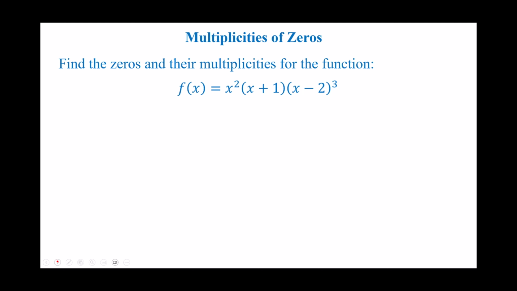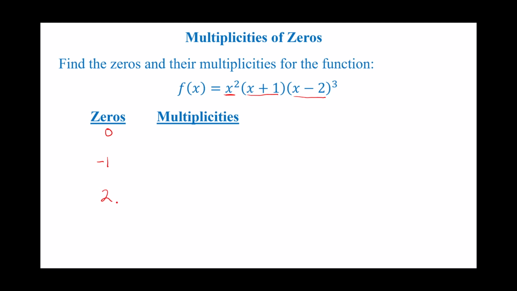So here we have a factored polynomial, f of x equals x squared times x plus 1 times x minus 2 cubed. So the zeros are 0, since x squared equals 0 when x is 0, x plus 1 equals 0 when x is negative 1, and x minus 2 equals 0 when x is 2.